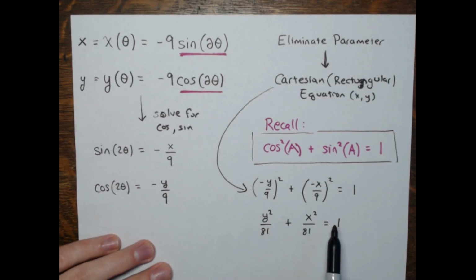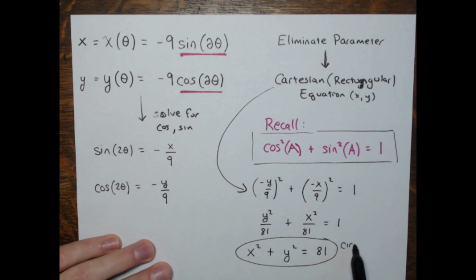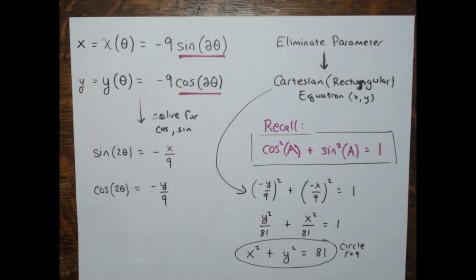So this is the equation of an ellipse, but where the major axis and minor axis are the same, so it's actually a circle. I can multiply everything here by 81, and I'm going to put the x squared first. We have x squared plus y squared equals 81, a circle with a radius of 9 centered at the origin.